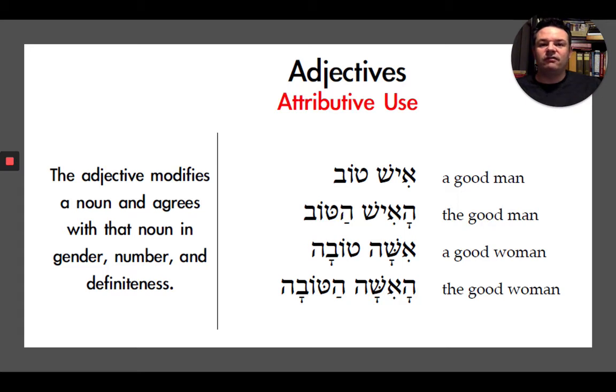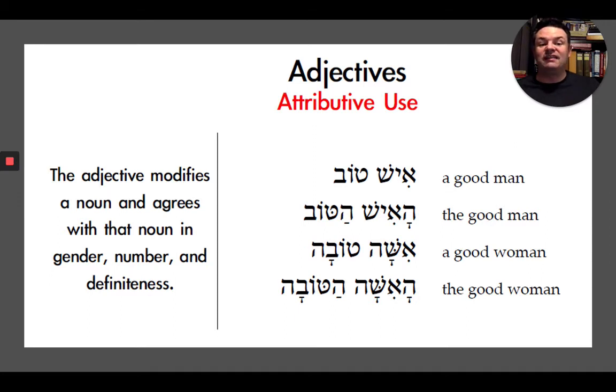Attributive adjectives are going to agree in gender, in number, and in definiteness. Definiteness is whether or not they have the definite article, right? So ish and tov are both masculine singular. Ish, man, masculine singular. Tov, masculine singular. A good man. Ha-ish, ha-tov, they still agree in gender and in number and in definiteness. The gender is masculine, the number is singular, and the definiteness is they are both definite.